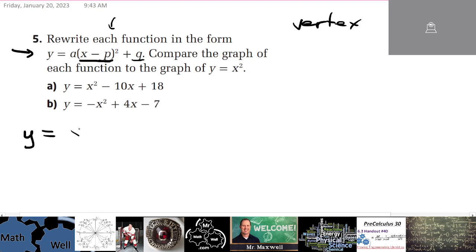So you focus on those first two terms, and what you have to do is complete the square by putting another number in there to make this whole thing a perfect square trinomial. So we're going to obviously record the 18 that's still there. And we're also going to make sure that we don't alter this equation by just adding something to one side.